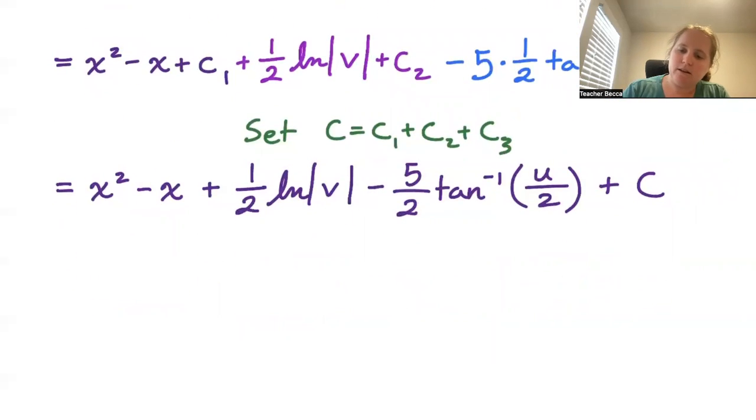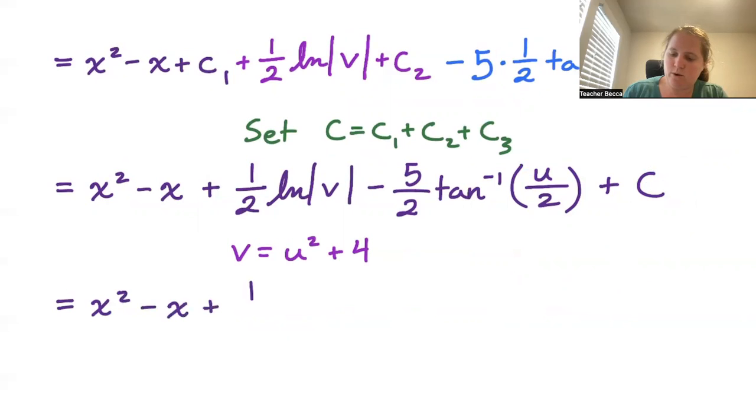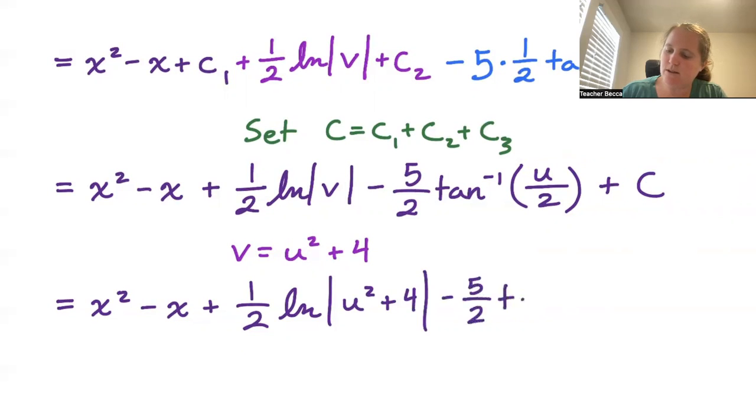Now v was equal to u squared plus 4. So we can go ahead and plug in our v. And we have x squared minus x plus 1/2 times the natural log of the absolute value of u squared plus 4 minus 5/2 times tan inverse of u over 2, all plus c.